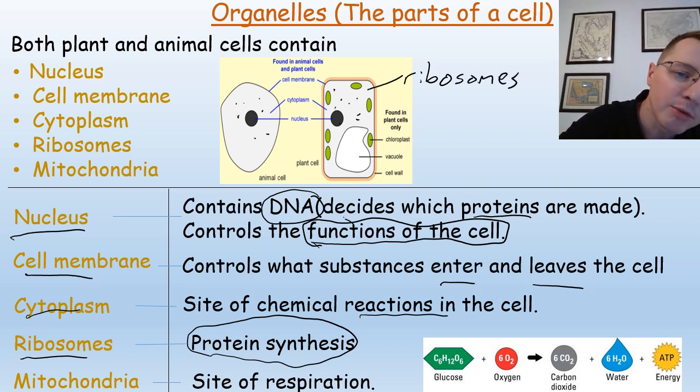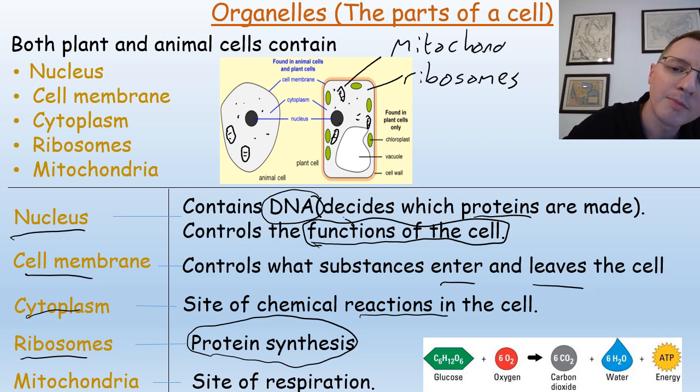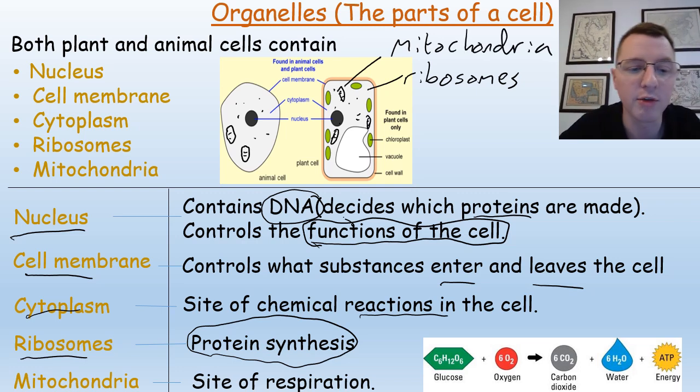And if we add in some small oval shapes with a couple of little dashes in their lines, and again these will be in both plant and animal cells, these small oval shapes are called the mitochondria. And this is the site of that very, very important chemical reaction, respiration.